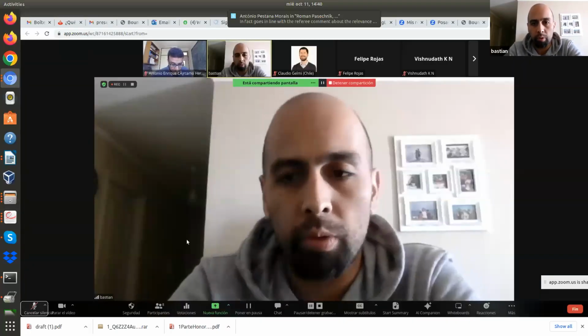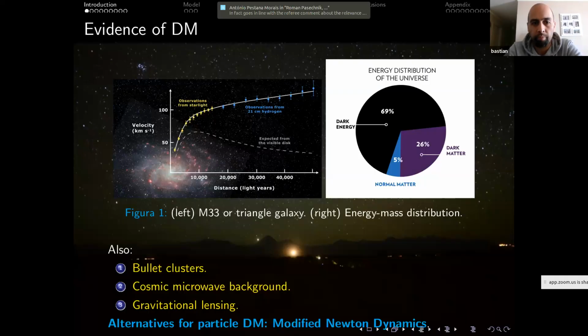So as you can see here, for instance, in the plot in figure 1 left, this is the typical picture in which you see the velocity in the y-axis of the corresponding stars, and the x-axis showing the radius from the center to the external parts of the galaxy.